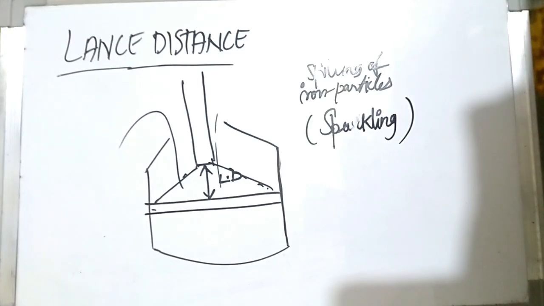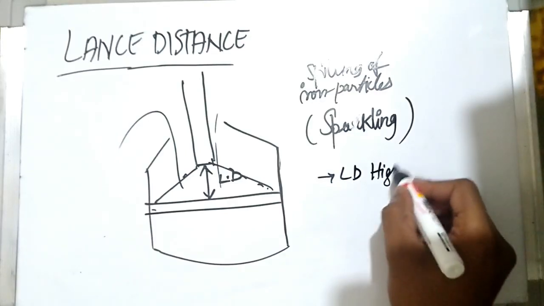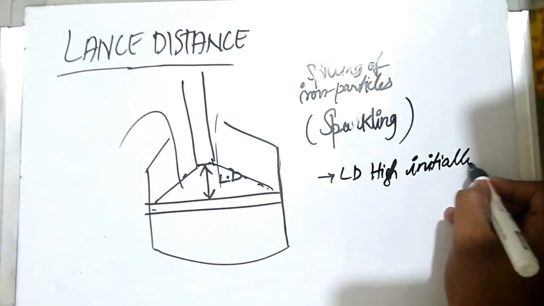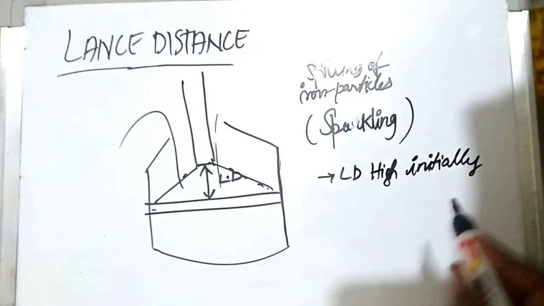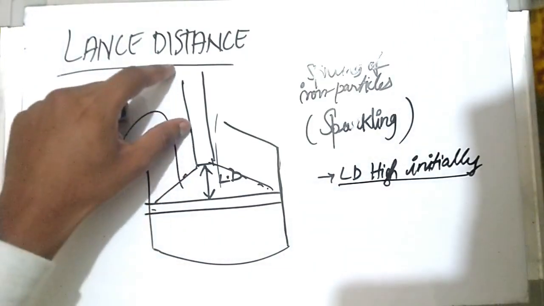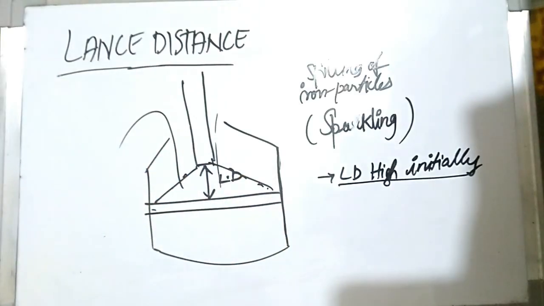Okay, so initially the oxygen is blown soft by keeping the lance distance higher. Okay, why? Because if this lance distance is high, what happens? The maximum surface can be easily reacted with the oxygen and slag can be formed.